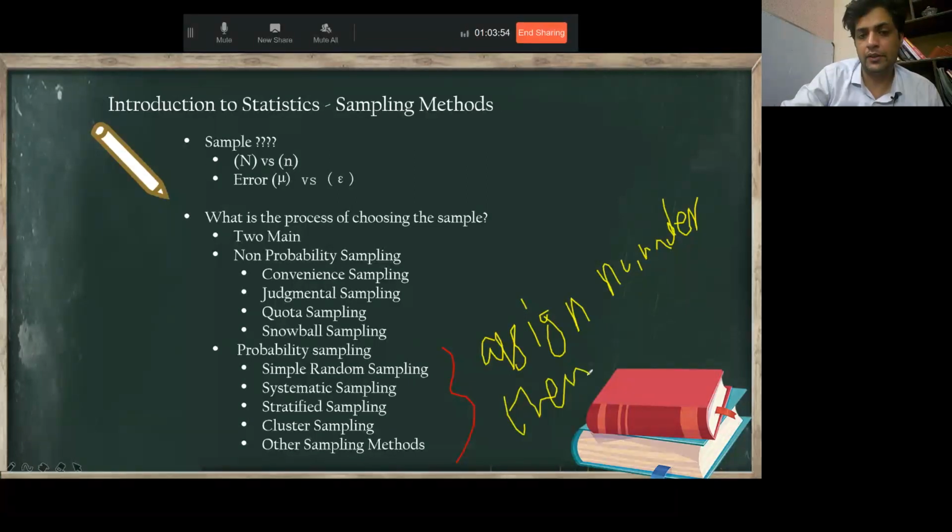That's the first one: simple random sampling. Assign numbers, then choose randomly, which means every outcome has an equal probability, equal chances of being selected.